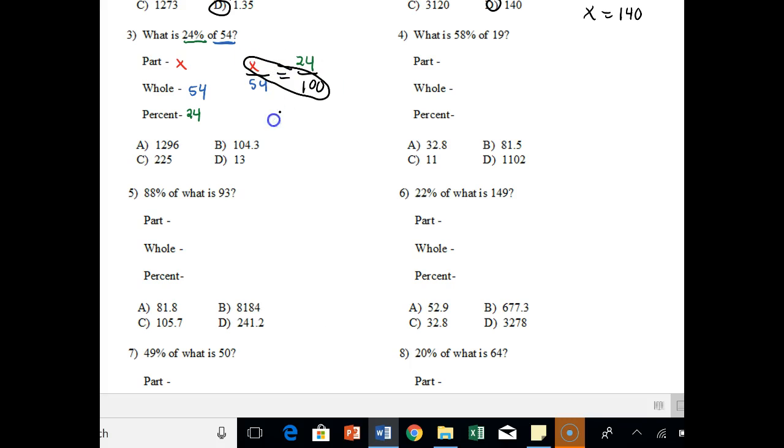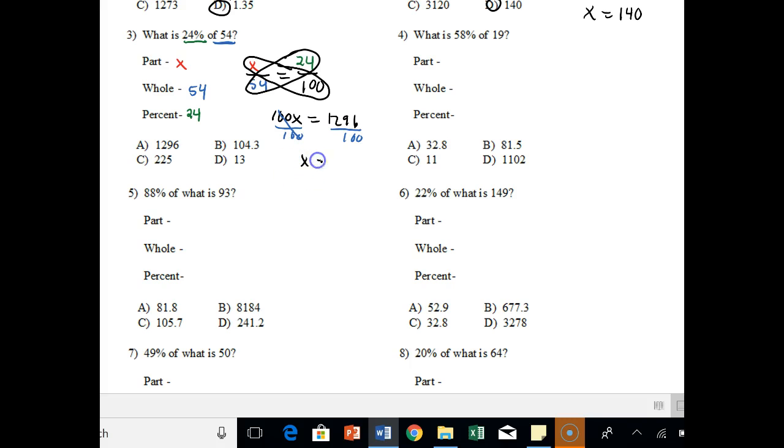Let's do our cross multiplication. 100 times x is 100x, which is equal to 54 times 24, which is 1,296. So again, the next step will be to divide both sides by 100. When I do that, those cancel off because they're just 1.